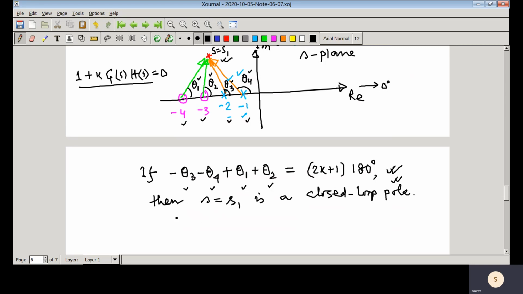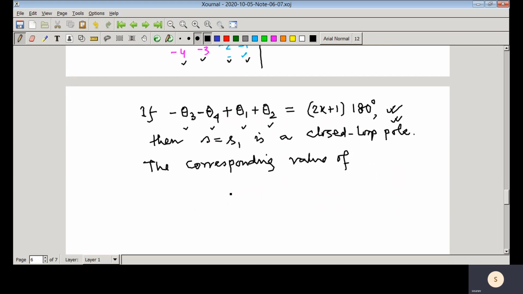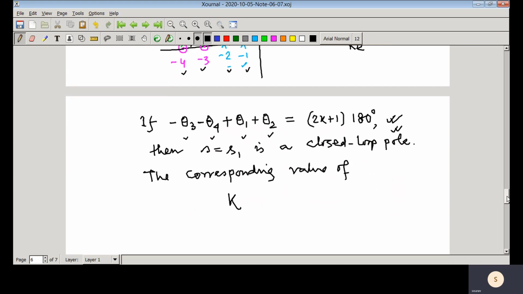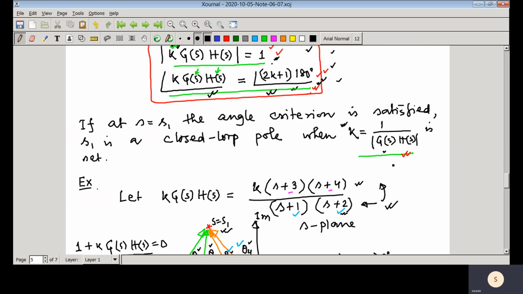Then what would be the corresponding value of K? Here we can see that K is 1 by the mod of G(s)H(s).